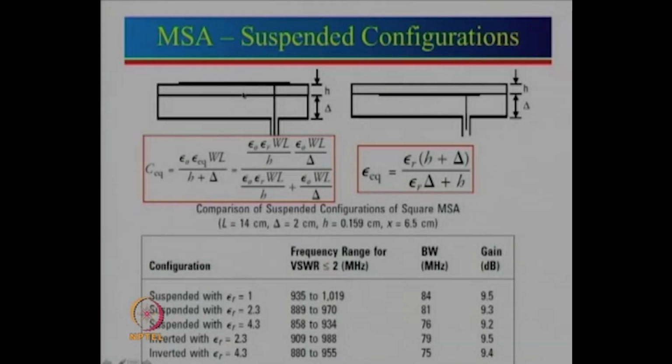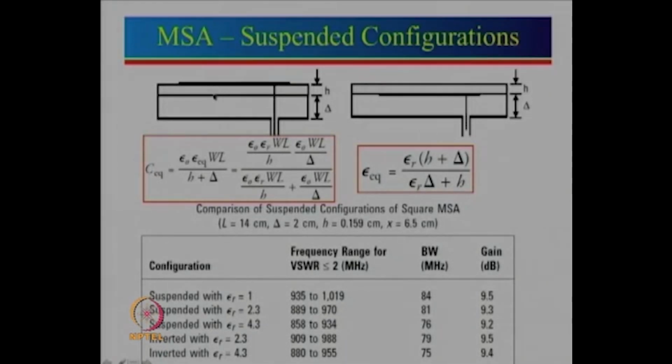Total height will be h, which is the substrate thickness, plus delta, which is the air gap. So, that is the total effective capacitance, and this can be now equated to the capacitance between this one and this here, and the capacitance from here to here. So, we can actually now calculate the capacitance between this and this layer, and then calculate the capacitance between this and this layer, and in this case epsilon r will be equal to 1.